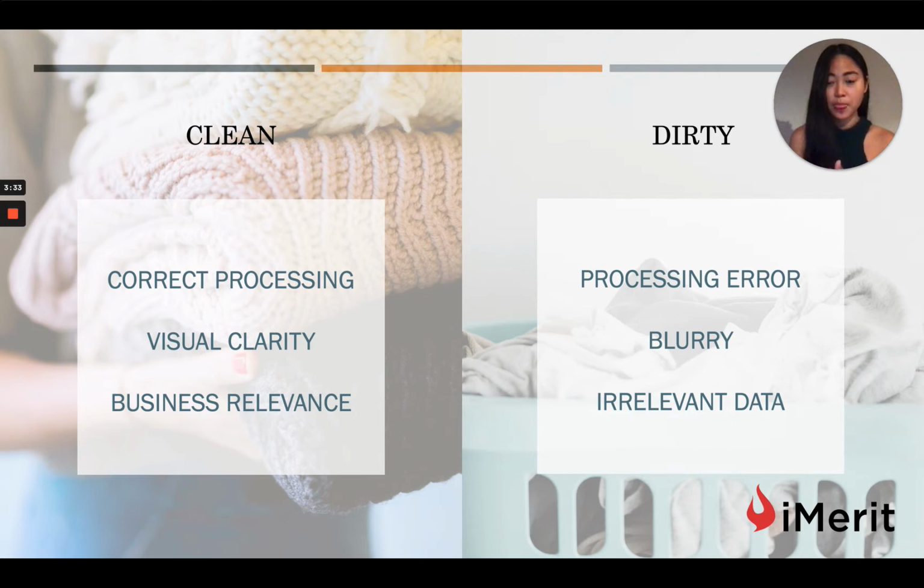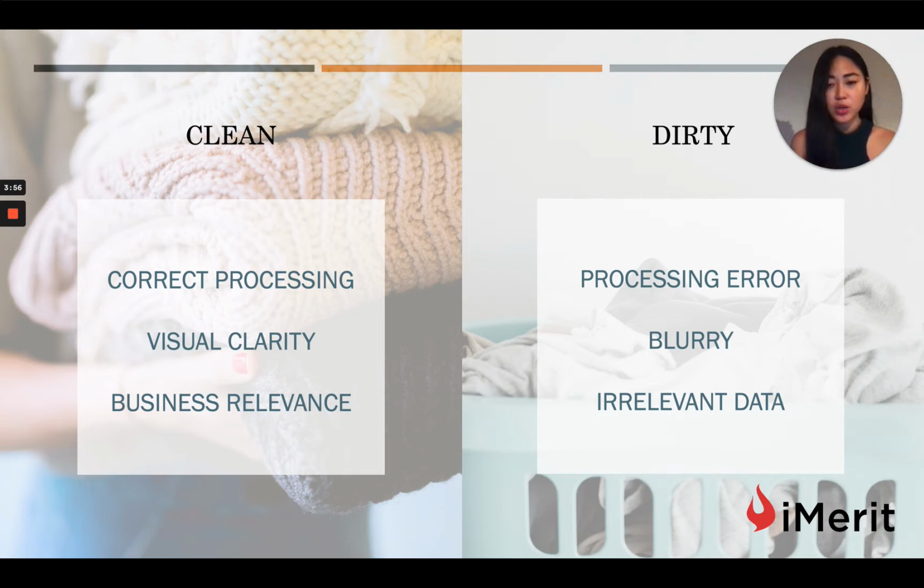Visual clarity. For computer vision applications, everything is visual. We want to basically challenge the accuracy and precision of a human's ability to identify something. If the image itself is not visually clear, then it can make it very difficult for the algorithm to perform well. And third, business relevance.